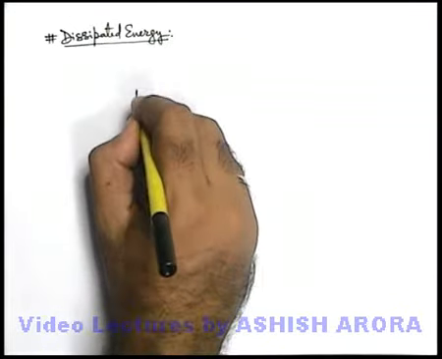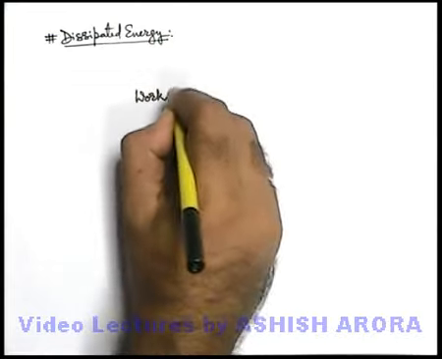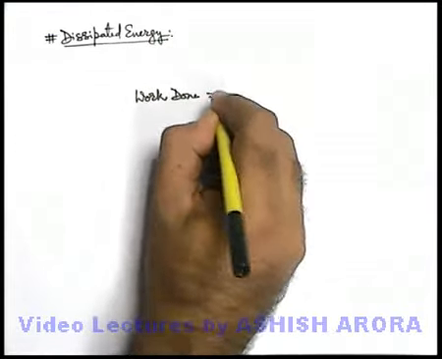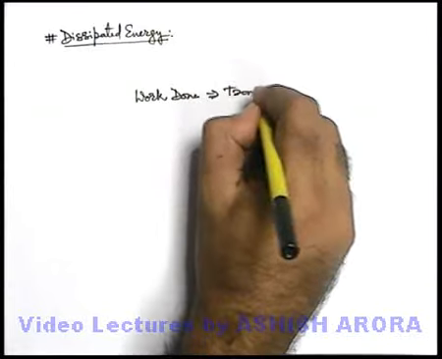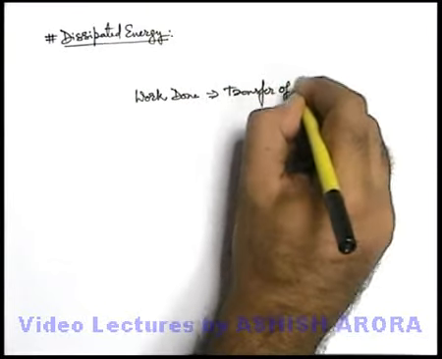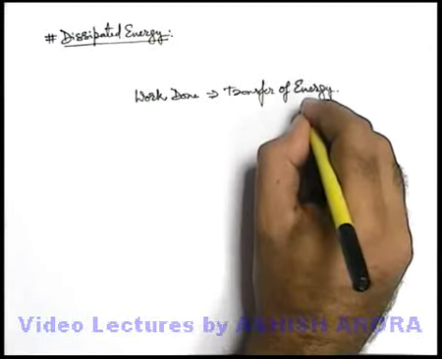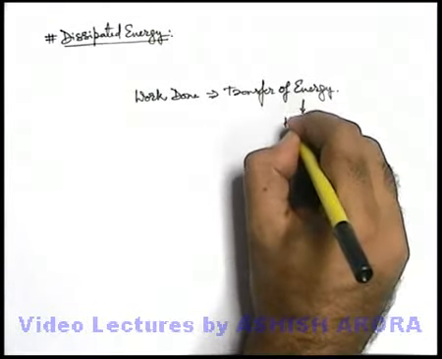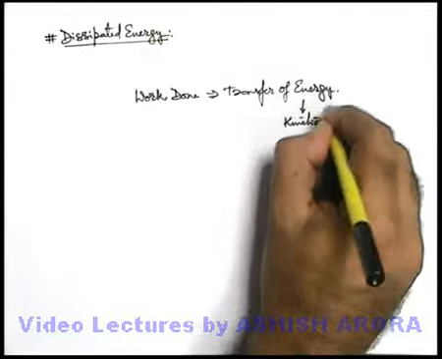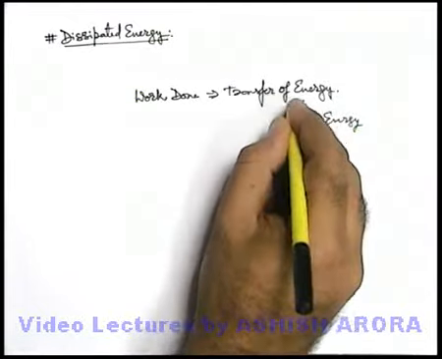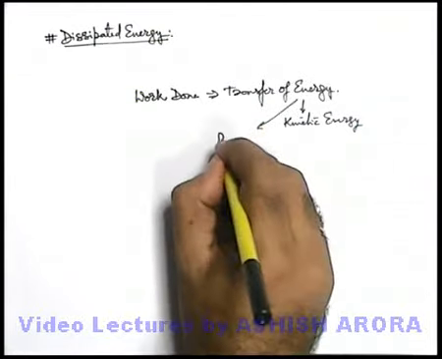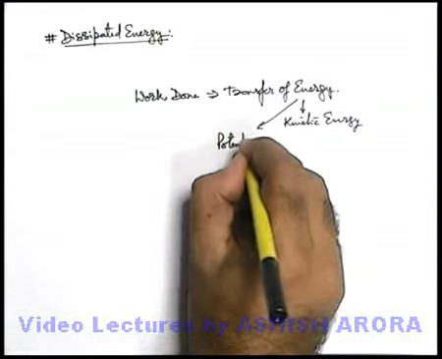We know well, when some work is done, you can simply state work done implies transfer of energy. When energy is transferred from one body to another, this energy can be either used in form of kinetic energy, or this energy can be stored in form of potential energy.